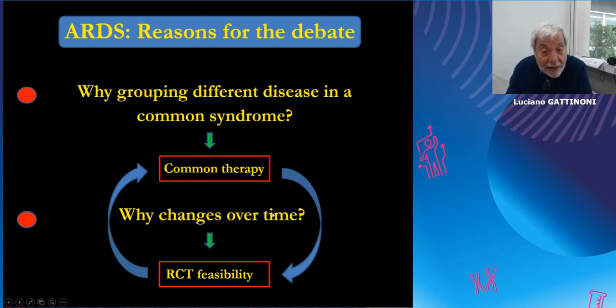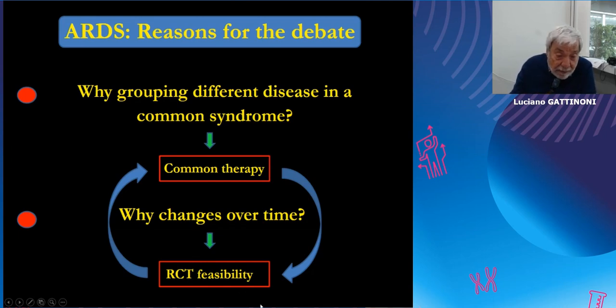And with time, we reduced the definition. So the mechanics disappear, the heavy lung disappears, and what do we remain with? We remain with bilateral infiltrates without further specification, and at least 5 of people to have not refractory hypoxemia, but even 300 or 200, which is not refractory hypoxemia according to Ashbaugh. Ashbaugh was refractory below 100.